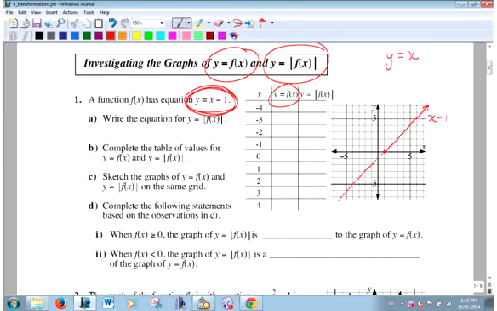Absolute value. Graphically, what happens? If I take the absolute value of this graph, what happens? The negatives get flipped up. Okay? This point isn't there anymore. It's up there. This one isn't there.